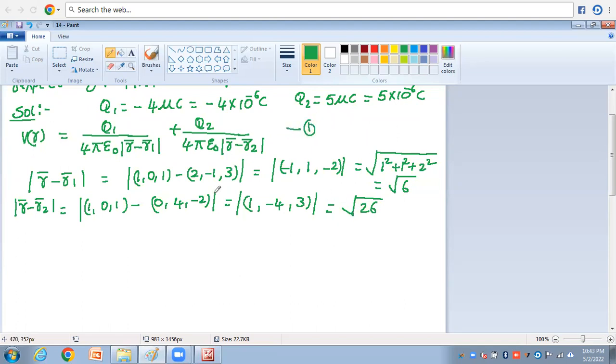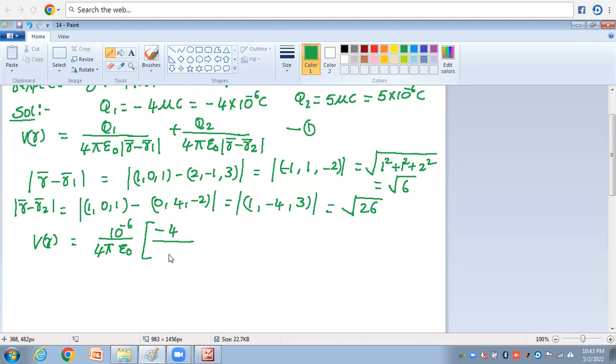Okay, now substitute these two values in this expression, at the same time the Q1 and Q2 values also. Now take common 1 by 4 pi epsilon naught. V of r equal to 1 by 4 pi epsilon naught, then take the Q1 charge, but you can take the microcoulombs also, 10 to the power of minus 6. This one is also very important. Now the first one, Q1, is minus 4 microcoulombs, already microcoulombs taken common.